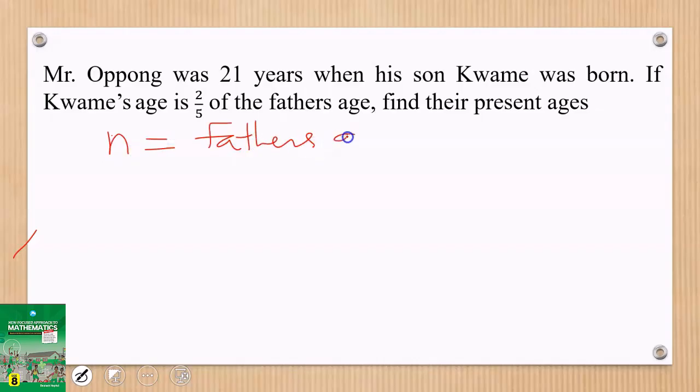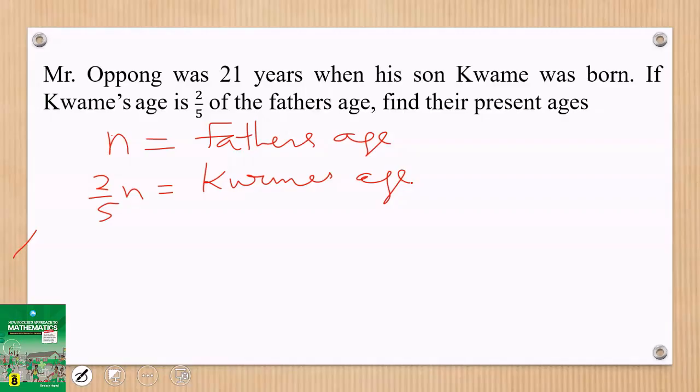If today the father is n years, then 2/5 n should be Kwame's age. That means Kwame is 2/5 of today's age of the father.